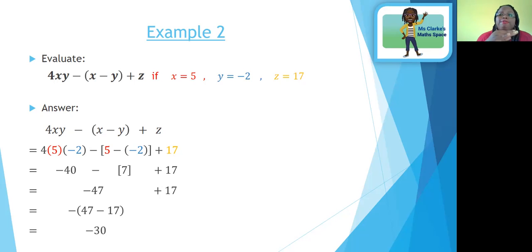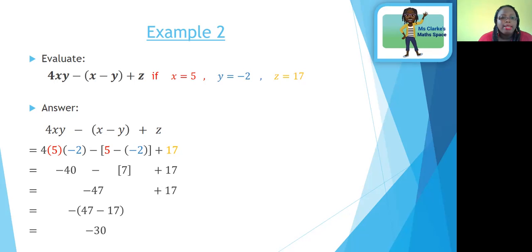Now we're going to evaluate it, which means we now need to continue to simplify the answer. So 4 multiplied by 5 multiplied by -2, when we plug that in on our calculator, we're going to get -40, or if you're doing it using the rules of directed numbers multiplication, you would get the same -40.